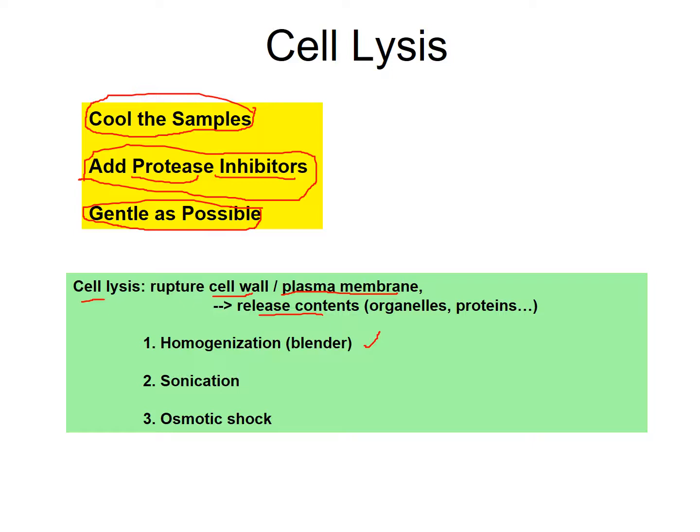There's also sonication, where you actually use sound waves to try to break them, or you alter the osmotic environment of these cells. Remember, you make the cells hypotonic, then you switch back to isotonic, and that switching can sometimes break open the membrane and maintain the organelle. So you have some choices here.